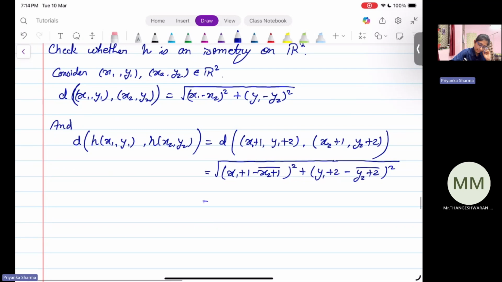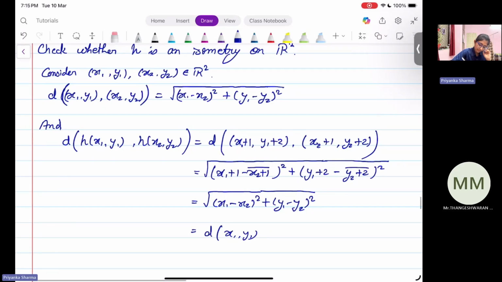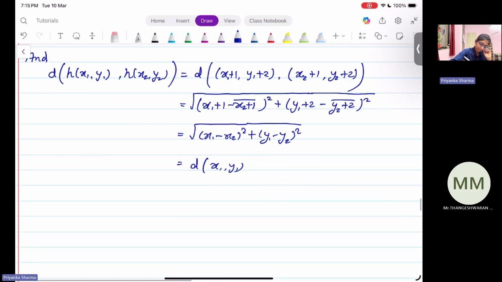So yes, this is square root of (x1 minus x2) whole square plus (y1 minus y2) whole square, which is actually the distance between (x1, y1) and (x2, y2).